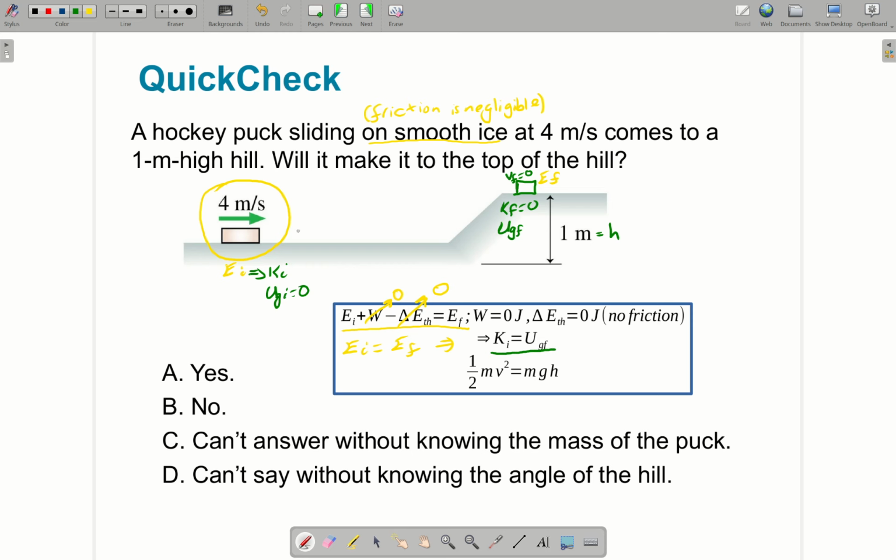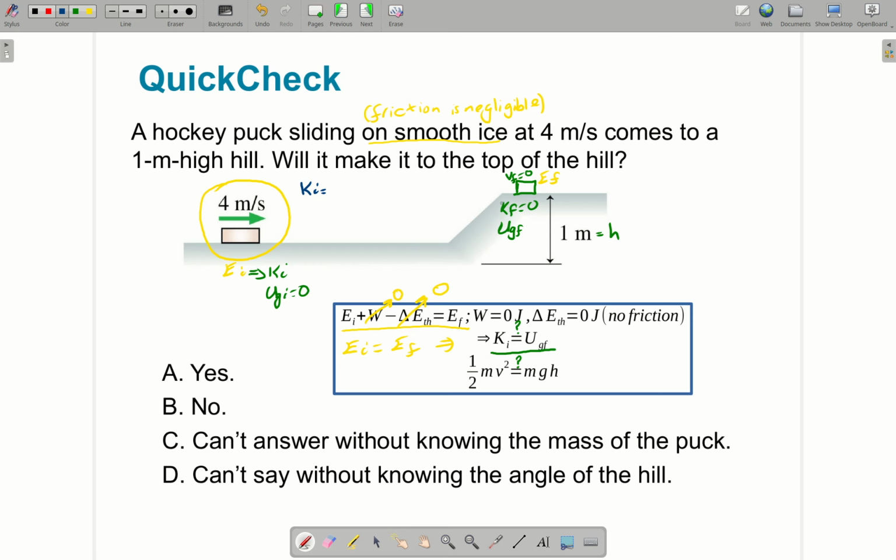If the puck makes it there, it should be. But is it? Right? So we are testing that. So let's calculate the initial kinetic energy here. And I decided if it is equal to mgh over there, it can make it there with 0 speed at the top. If it's smaller, right? If kinetic energy is smaller than the potential energy at the top there, it can't make it.